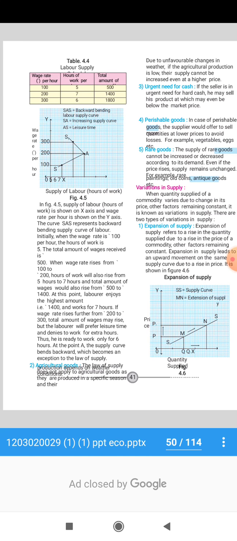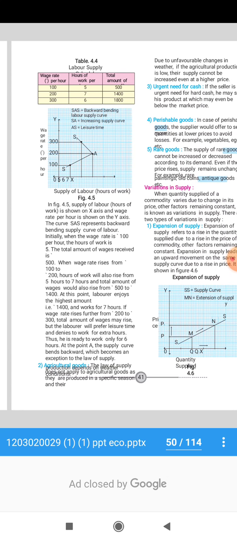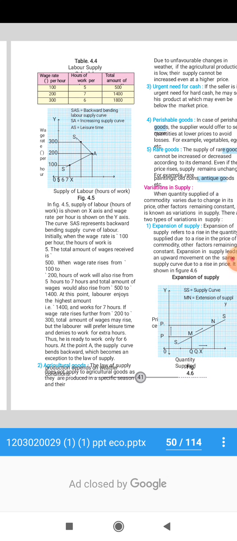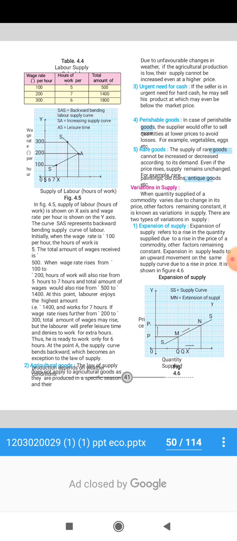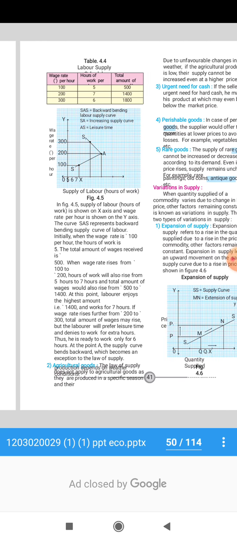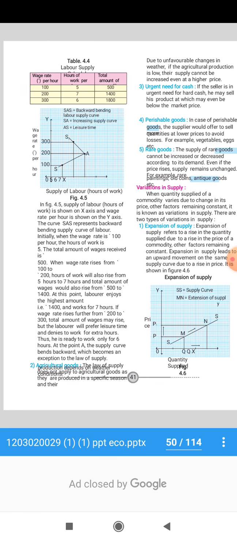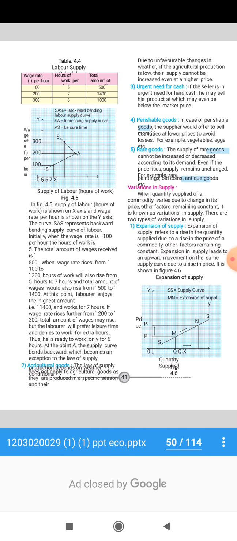So variation in supply means a rise or fall in quantity supplied of a commodity due to change in price, other factors remaining constant.